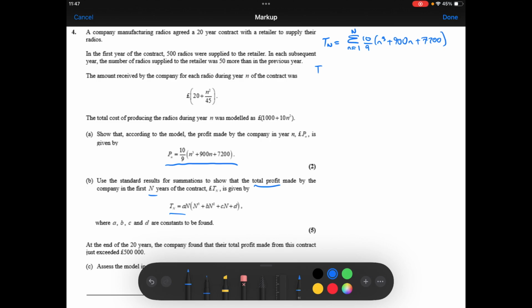Right, I'm going to do a couple of things here. I'm going to simplify by factorising out the 10 over 9. And I'm also going to split this sum up into being the sum of n cubed plus 900 lots of the sum of n plus 7,200 lots of the sum of 1.